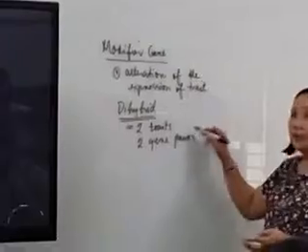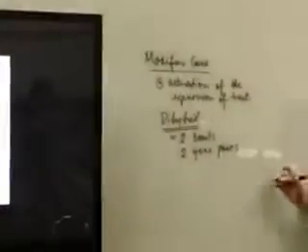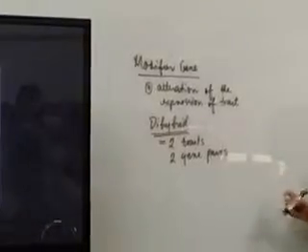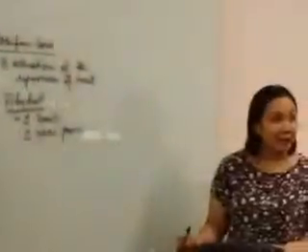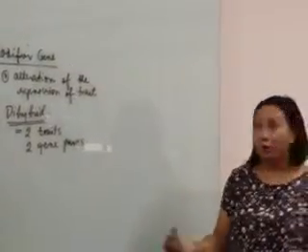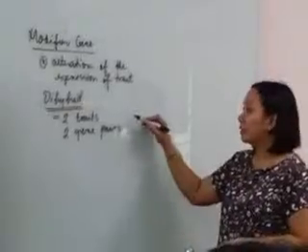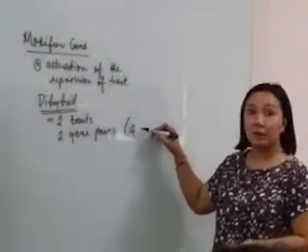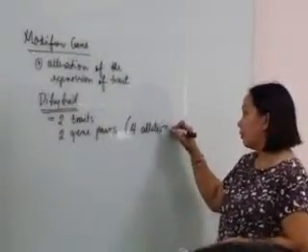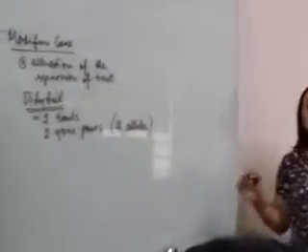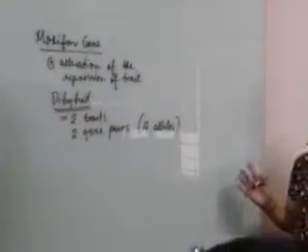How many alleles do you have here? For each gene pair, you are composed of how many alleles? 2. Therefore, if you have two gene pairs here, how many alleles are we going to consider? Okay, so you have here 4 alleles. So this is the usual dihybrid cross.